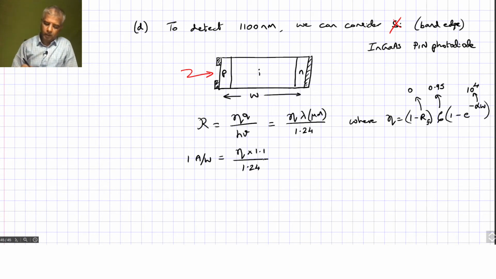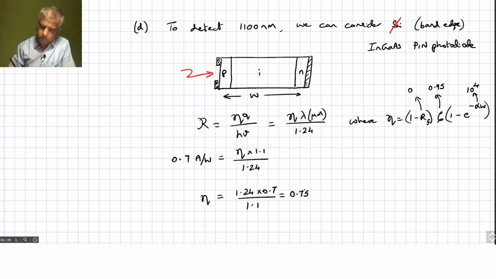So contrary to what's asked, we'll actually assume that you've been asked to take a responsivity of 0.7 amp per watt. So if you say, okay, that is our target responsivity, then eta is going to be given by 1.24 multiplied by 0.7 divided by 1.1, which is a value of 0.79. Okay.